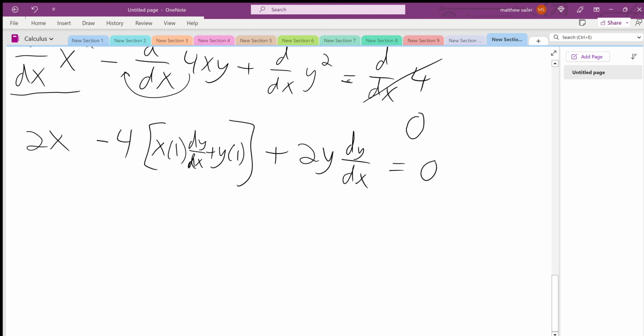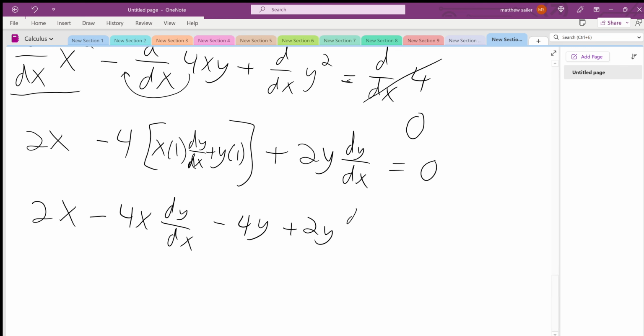So the first thing I'm going to do is distribute everything out so that each part of this is as spread out as possible, so we can just take the pieces we want with dy dx in them and move them over to the right. So this becomes 2x minus 4x dy dx, minus, because we're distributing the negative 4, minus 4y plus 2y dy dx equals 0.